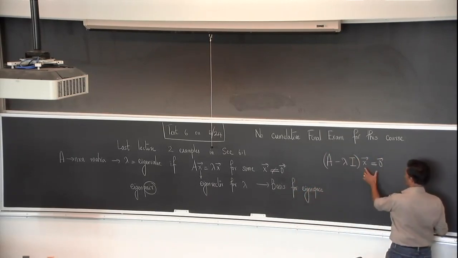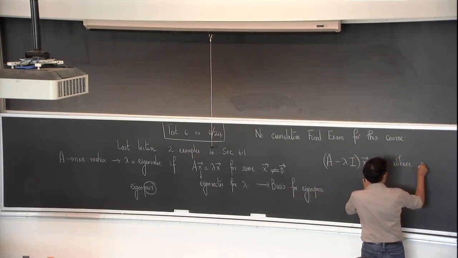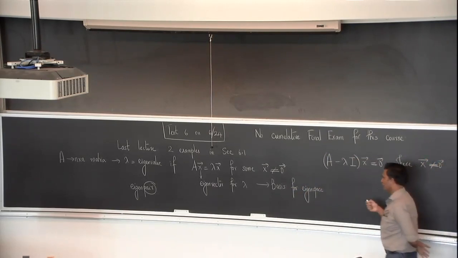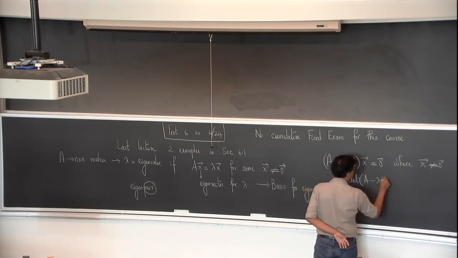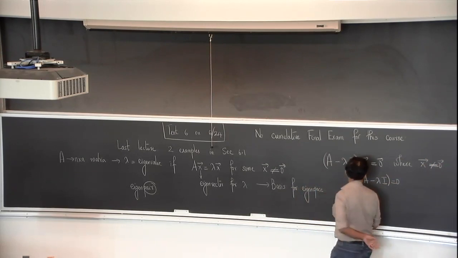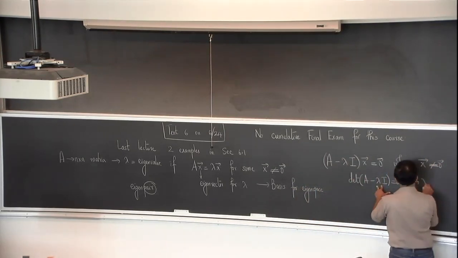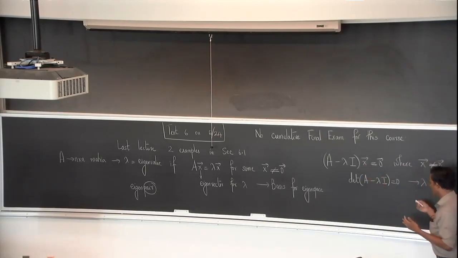So we're looking for the non-zero solutions of this equation, x not equal to 0. And that is why we start with the determinant of A minus lambda I equal to 0. And then once you get your lambda, you go back and find your corresponding eigenvector based on that particular eigenvalue.